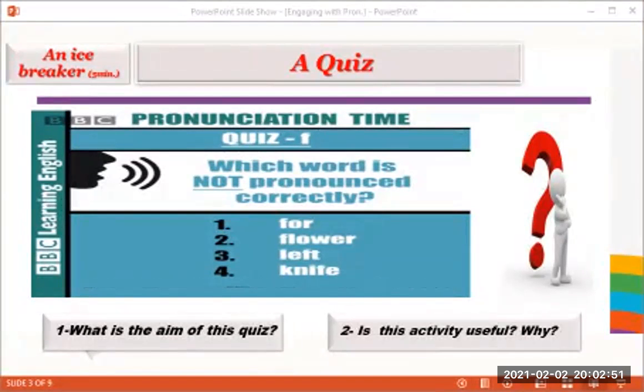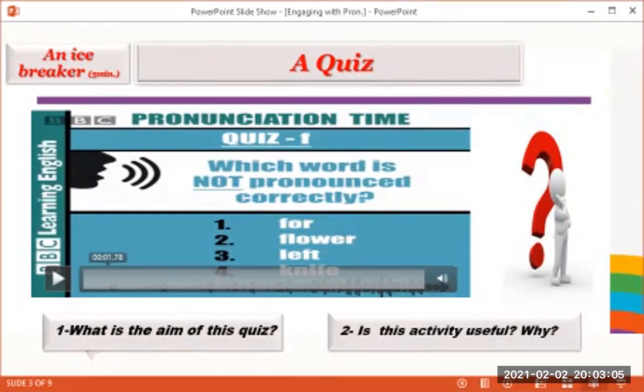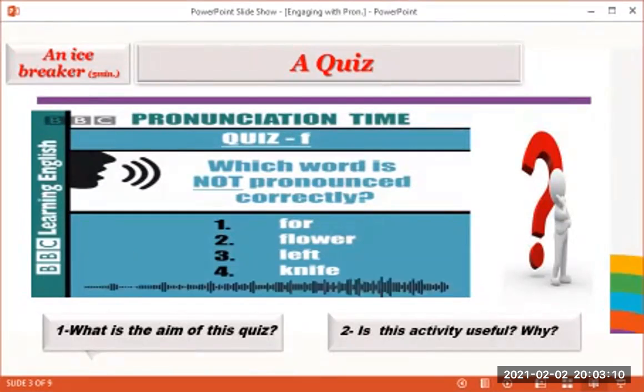Four. 2. Flower. 3. Left. 4. Knife. I repeat it again. Listen carefully and try to think. Which one is mispronounced?